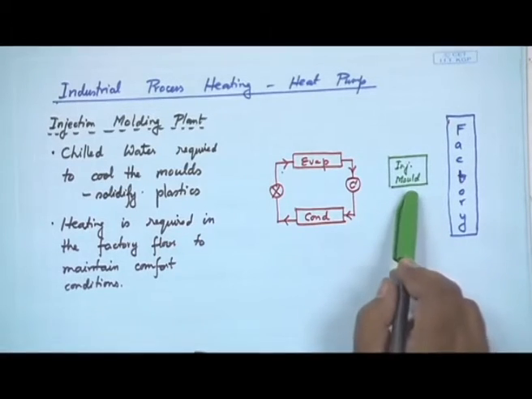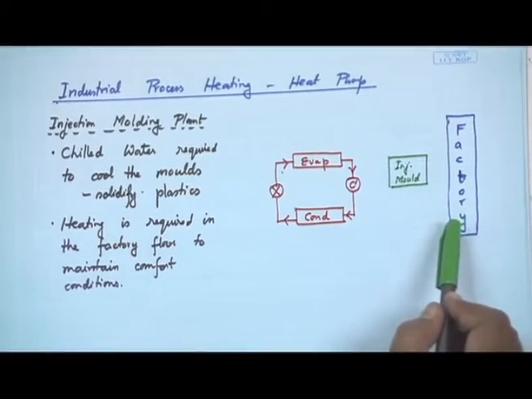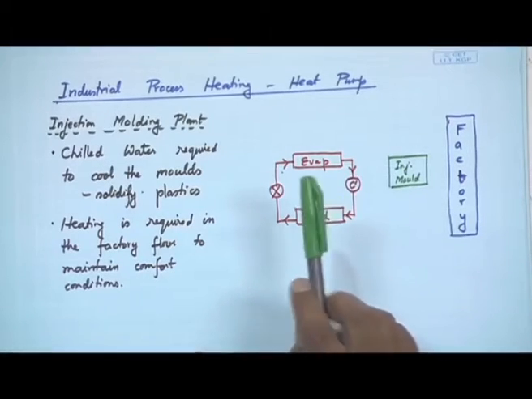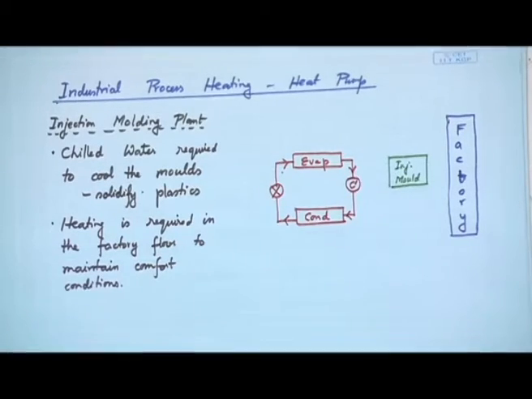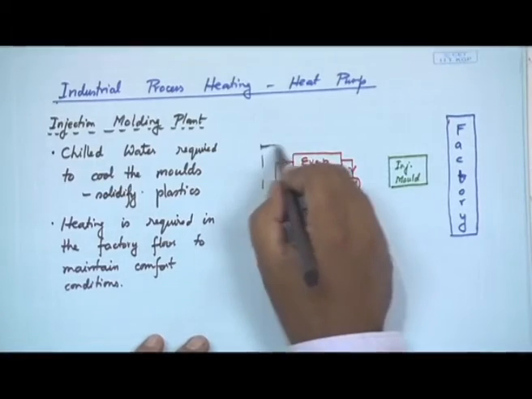So, what do we need? We need to cool the injection mold and then we need to heat up the factory. Fair enough. Let me just put a boundary around this.